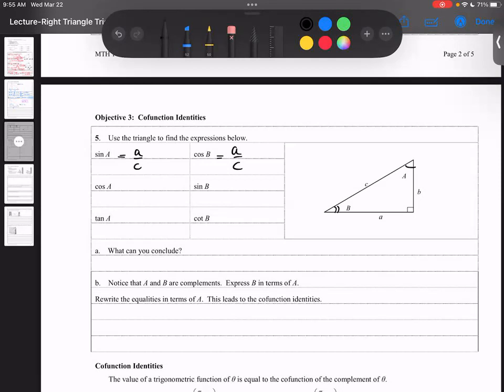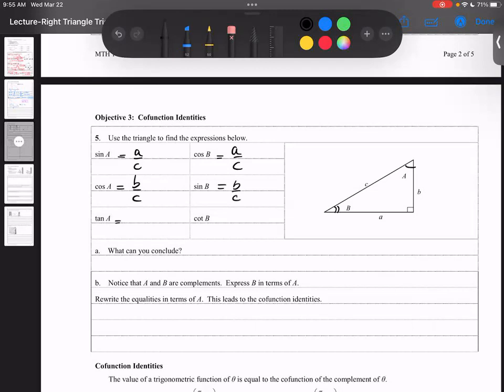What about cos A? Cos A is B over C. Very good. Sine B, little b over little c.